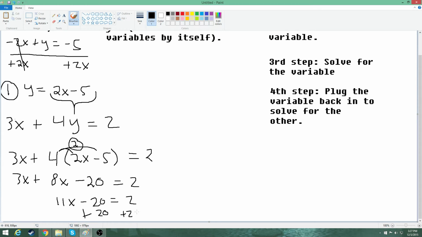Add 20 to both sides. And that gives us 11x equals 22. And when you divide both sides by 11, we get x equals 2. I'll give you guys a few moments to catch up.